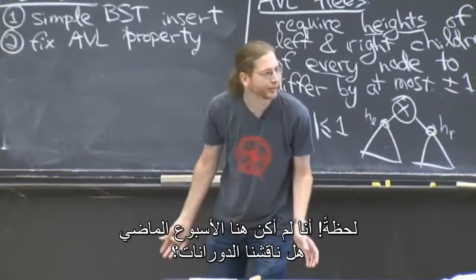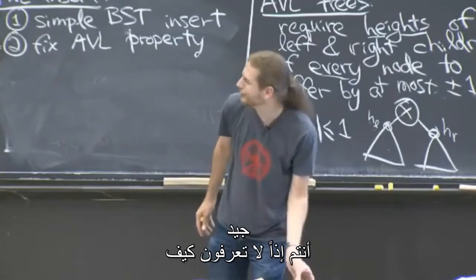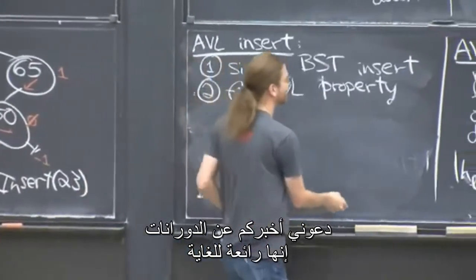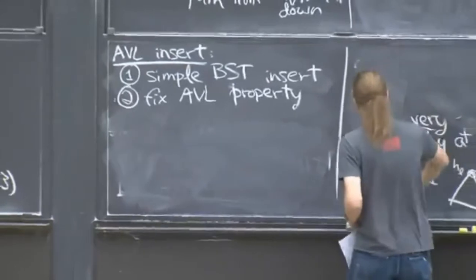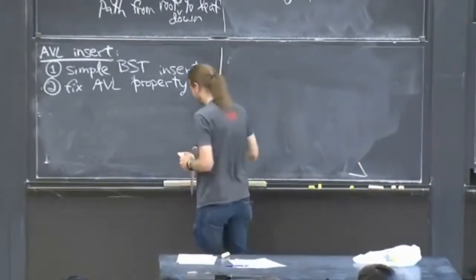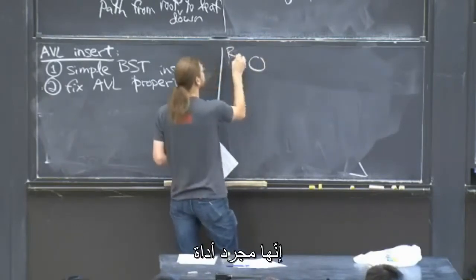Wait, actually, I wasn't here last week, so did we cover rotations? No. OK, good, then you don't know. Let me tell you about rotations. Super cool. This is just a tool.